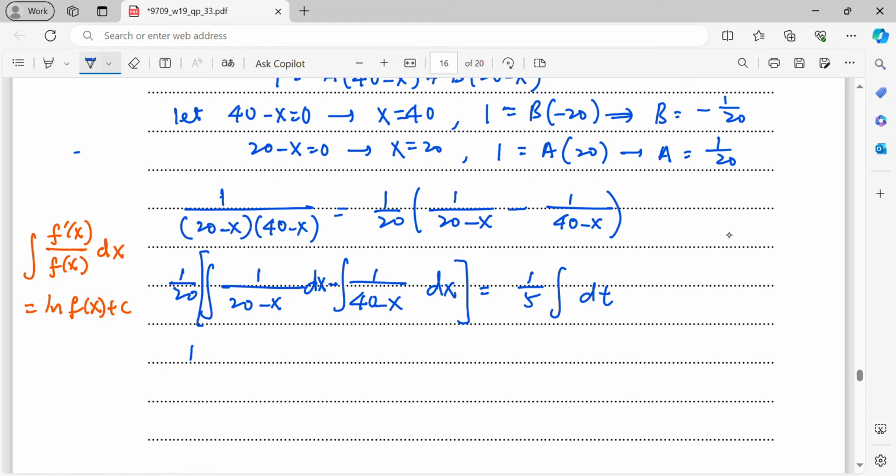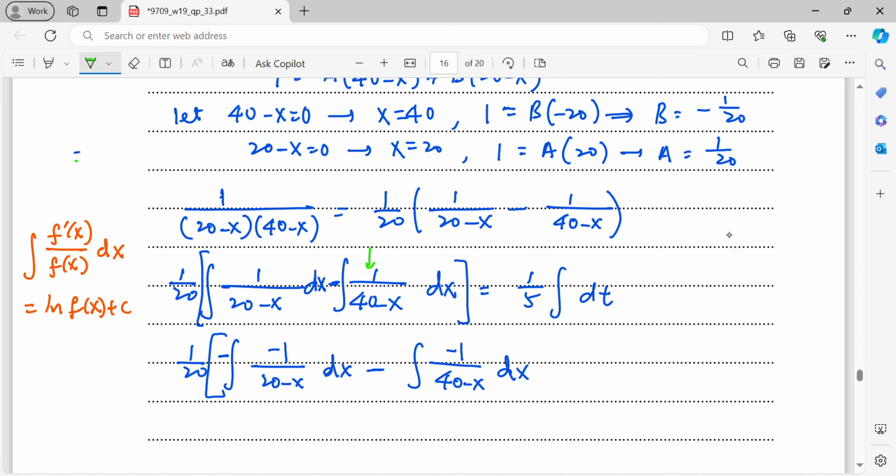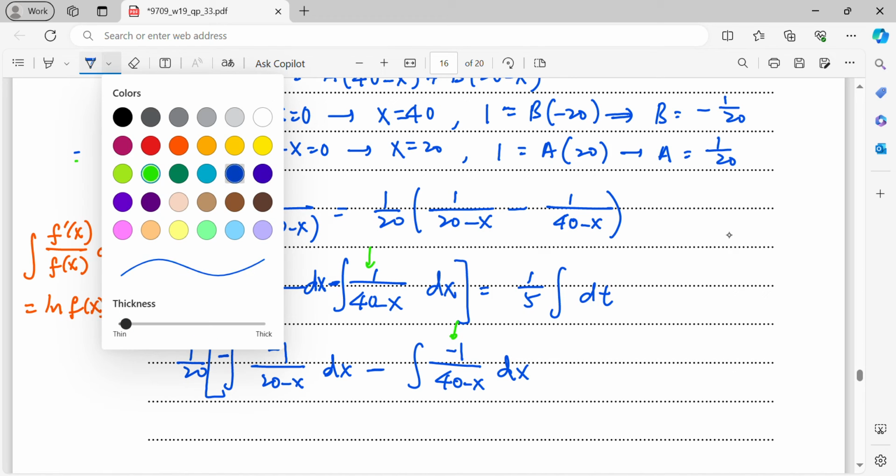So I will write 1 over 20, I integrate 1 over 20 minus x dx. When I differentiate 20 minus x it is basically minus 1. So I multiply by another minus outside to make it positive. Same goes to the next integration. When I differentiate 40 minus x, it is minus 1. But here it was initially positive 1, and I have obtained minus. Therefore, I multiply by another minus outside.